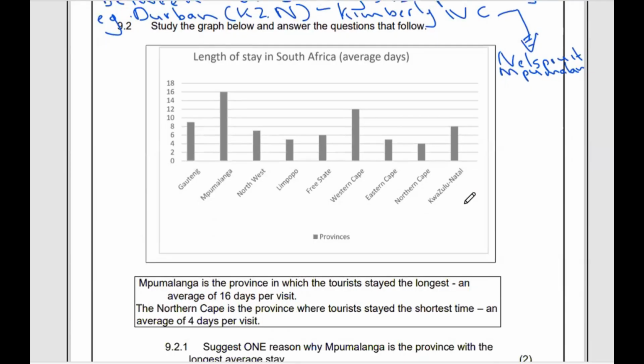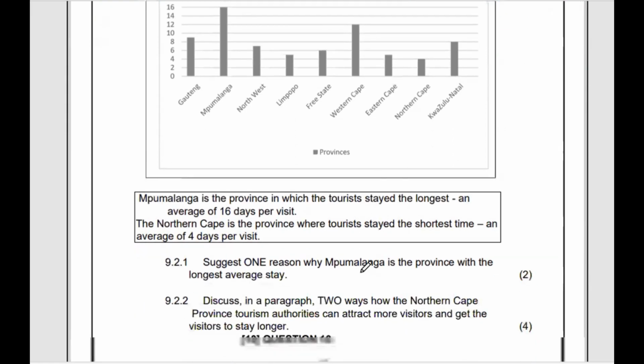Then we also have a scenario which reads, Mpumalanga is the province in which the tourists stayed the longest, an average of 16 days per visit. The Northern Cape is the province where tourists stayed the shortest time, an average of 4 days per visit.